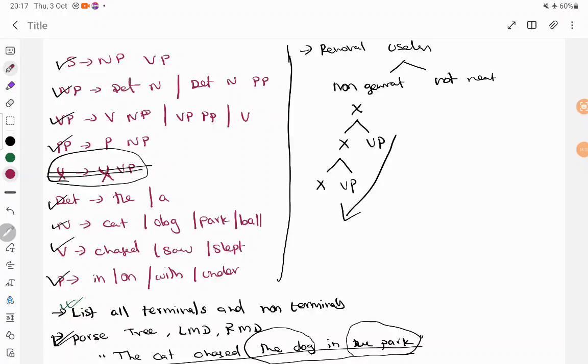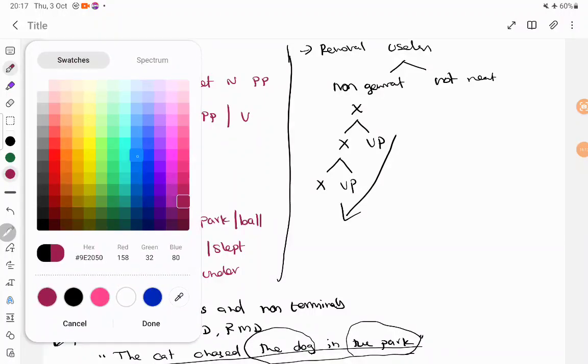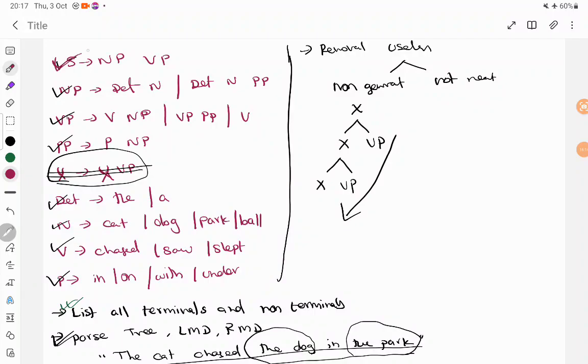So anything that is not called from the starting symbol, we call it a not reachable symbol. So S is your reachable symbol.